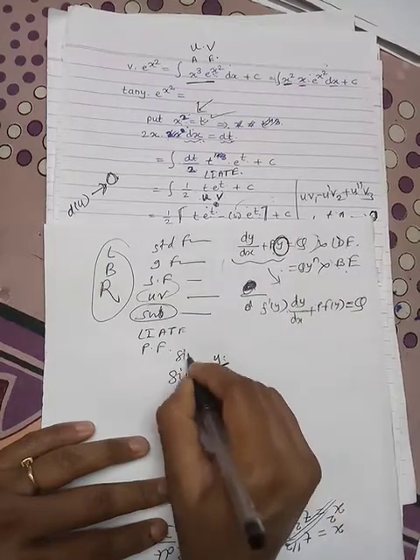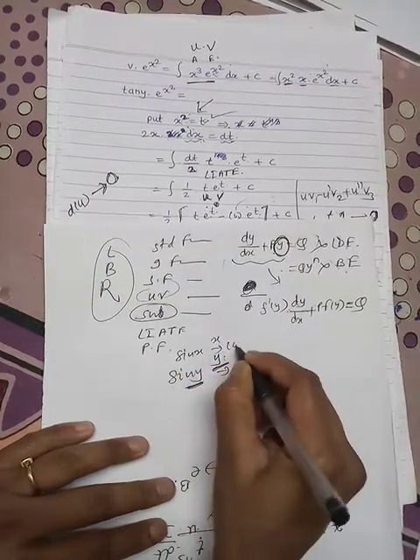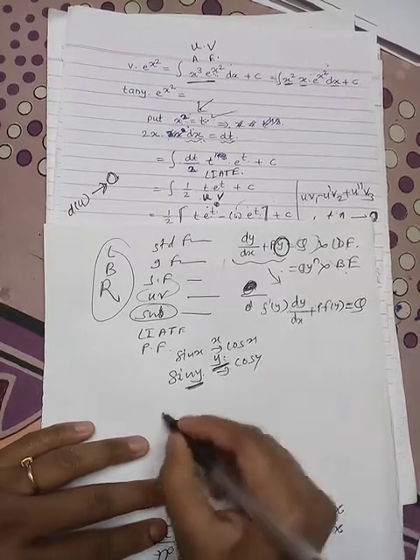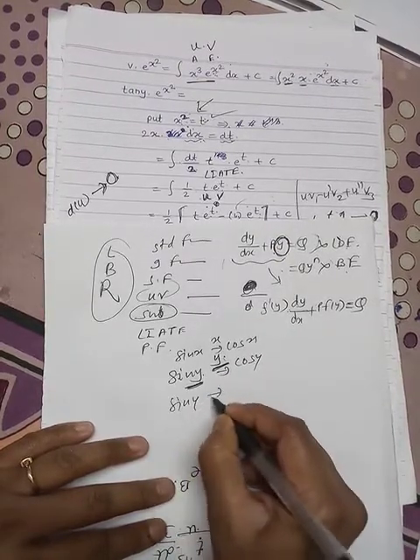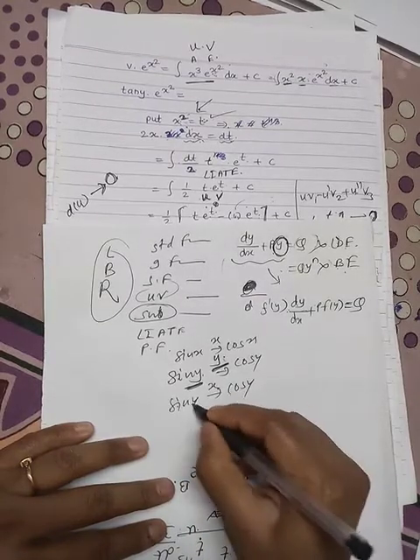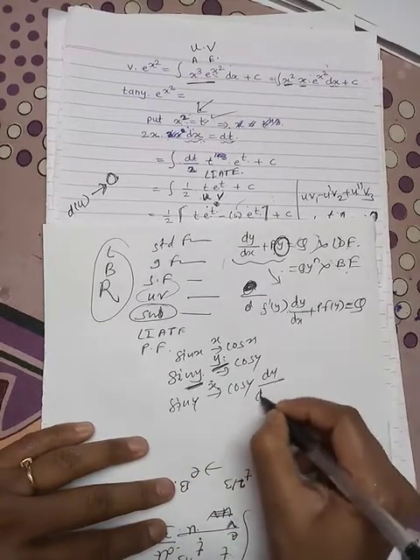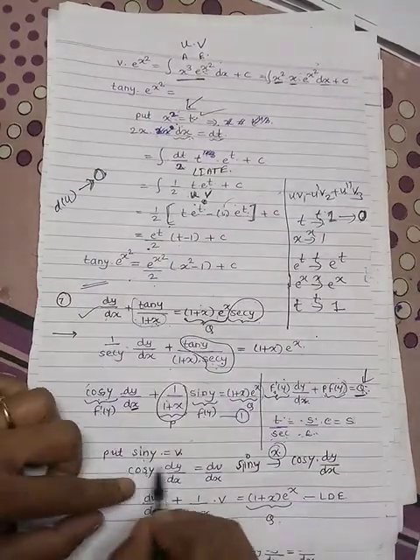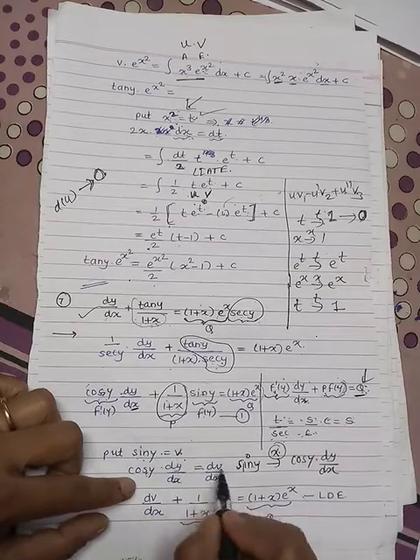So sin x derivative with respect to x is cos x, sin y derivative with respect to y is cos y, but sin y derivative with respect to x is, first take sin y derivative, cos y, and y derivative with respect to x is dy by dx. So sin y derivative is cos y dy by dx, equal to v derivative, dv by dx.